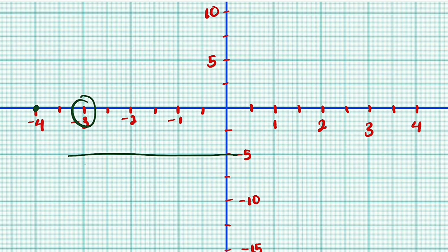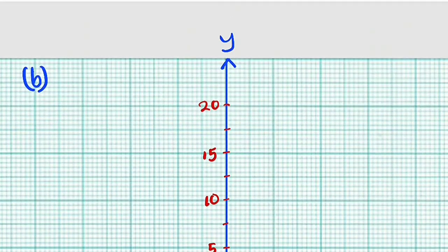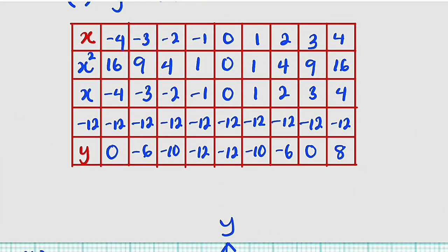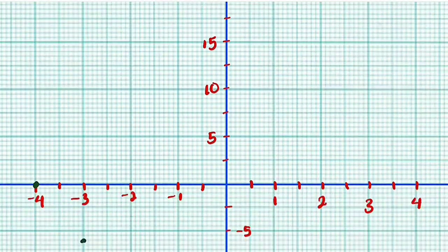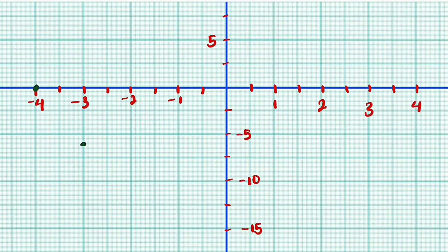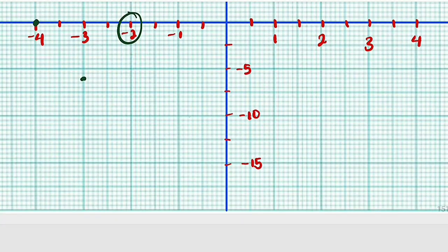We have 2 small points after, because every 2 small lines represent 1 unit if you count. Then we go back again. When x is -2, we have y to be -10. That is -2, -10. This is -2, y is -10. This is where we have -10.